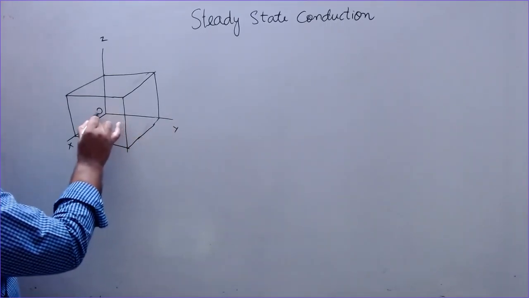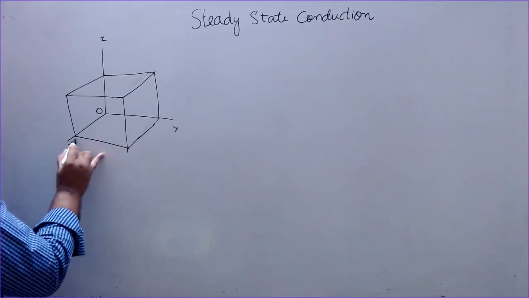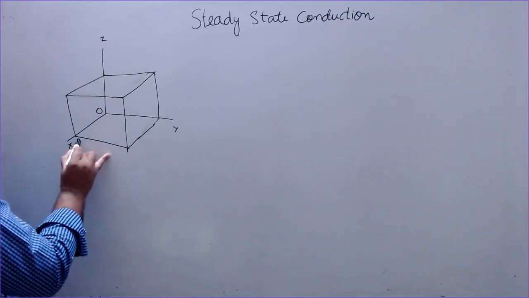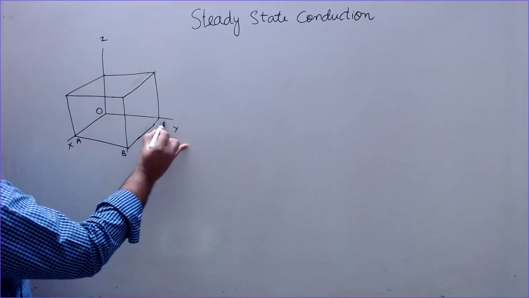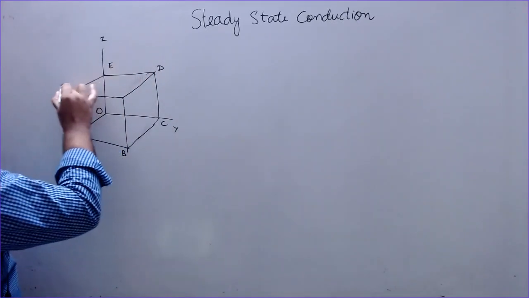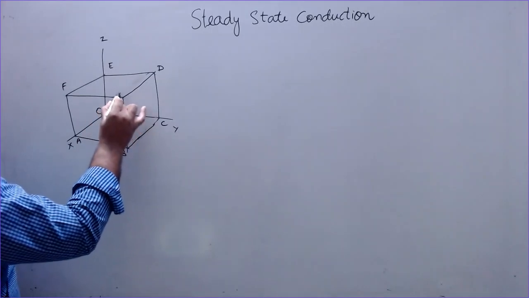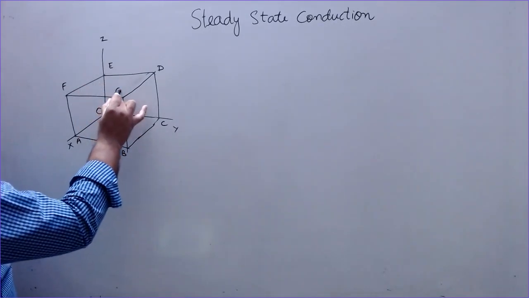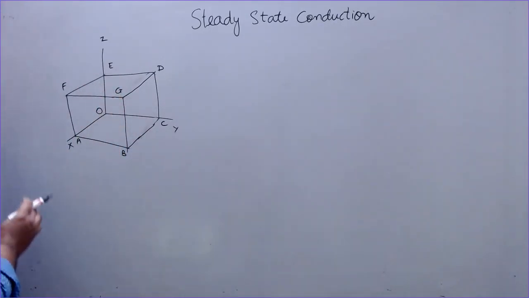This is the origin, and the faces are, so this is the x direction, and heat is entering, suppose at a rate of qx, and it is leaving the other side, that we have to find.